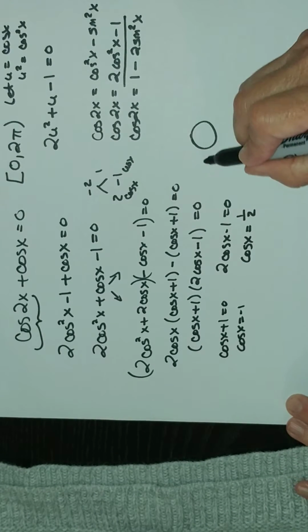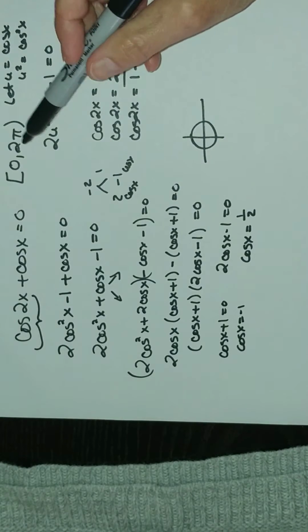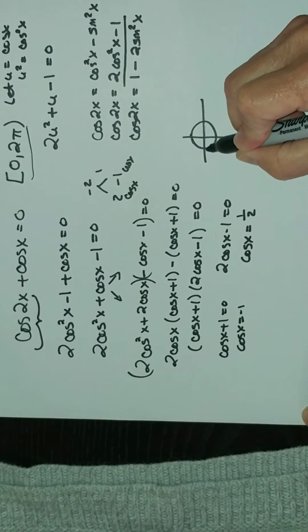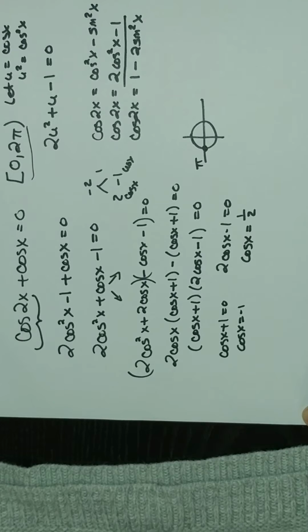So then I want to think about my unit circle. And since they gave me an interval in radians, my answer will be given in radians. Where is the cosine of x negative 1? It's equal to negative 1 at this angle, which is pi. Where is the cosine of x equal to positive 1/2?